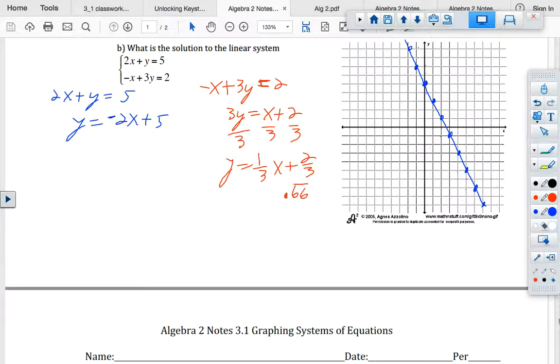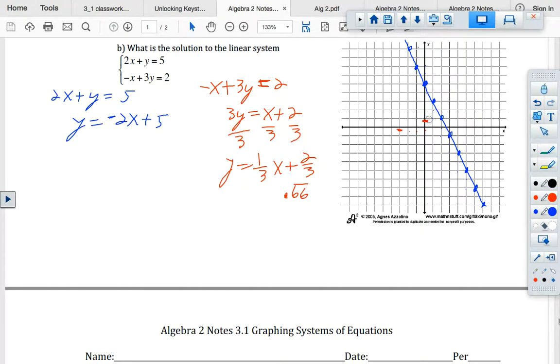All right. Tell me how to plot it. What did you do for 0.66? Okay, well, where do you think you would put it here? You get a 0, and close to the 1. There you go. But closer to the 1 because it is closer to 1. So that's where I'm going to plot my first point. Now my slope is 1/3. If I went down 1 and to the left 3, that would put me there. And I realize that that's going in the direction away from the other line, so I just go the other way.